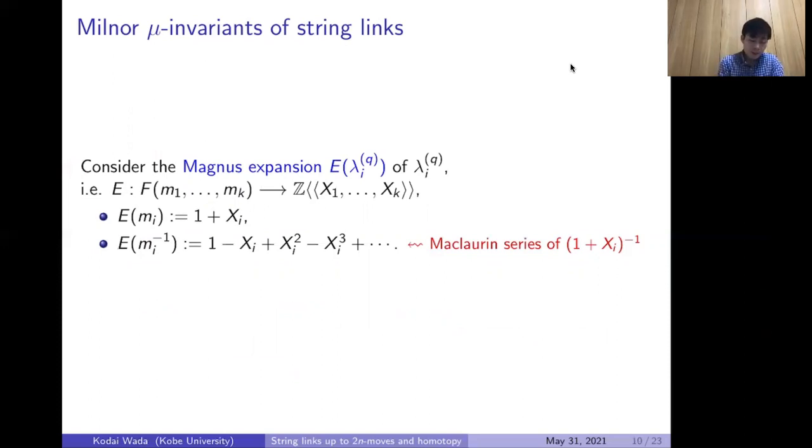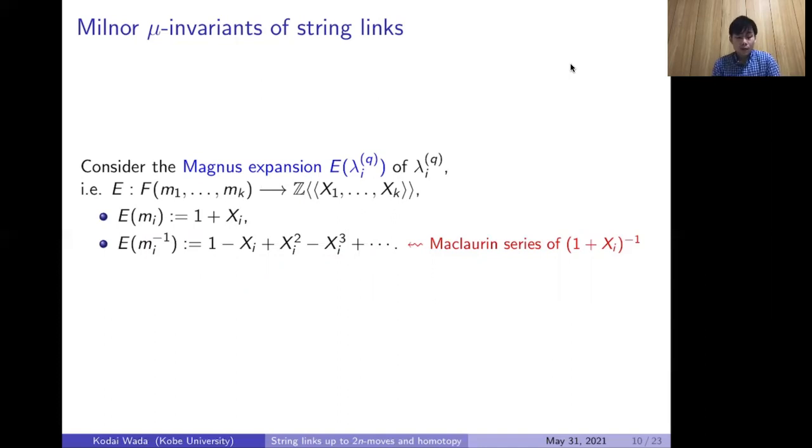The Magnus expansion E is a homomorphism from the free group of rank k into the ring of formal power series in non-commutative variables x1 through xk with integer coefficients, defined by sending m_i to 1 plus x_i, and sending m_i inverse to 1 minus x_i plus x_i squared minus x_i cubed plus and so on.